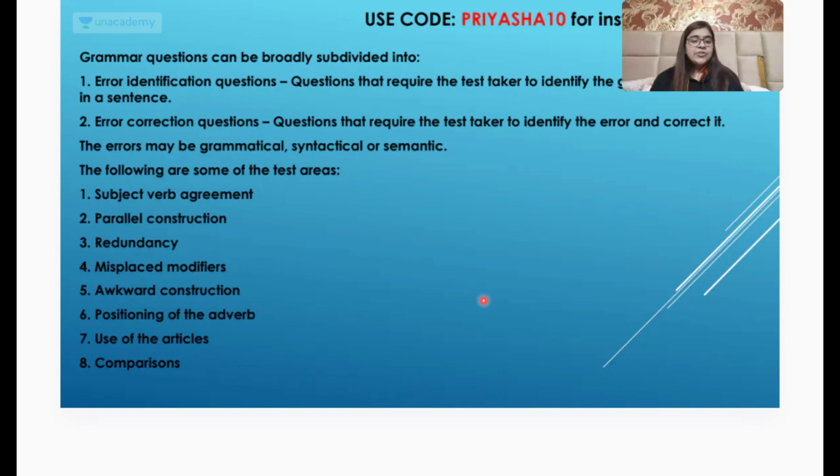As I told you, the grammar questions can be classified into 2 categories: error identification and error correction. The errors can be grammatical, syntactical, and semantic. Grammatical is easy to understand. Grammatical here means any problem in the grammar, like subject-verb agreement, preposition errors, things like that.